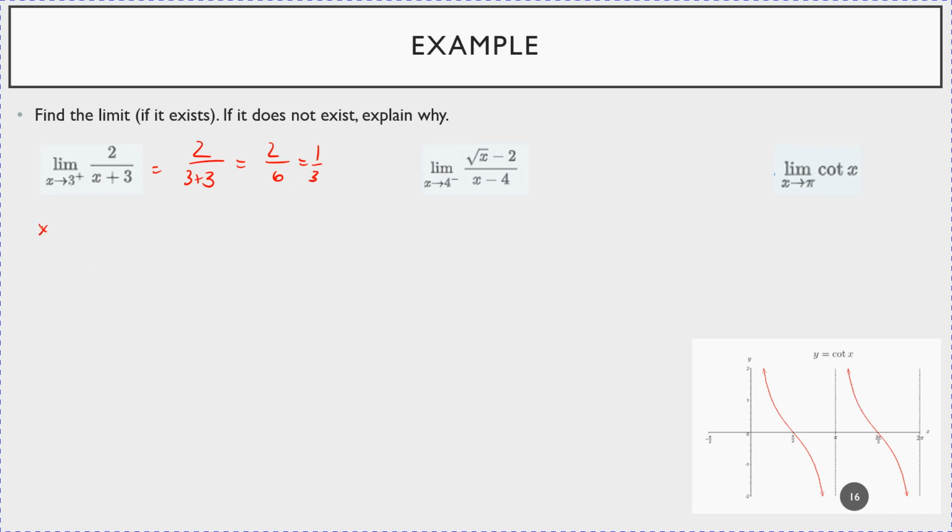If you can plug in and the value is in the domain, that's okay for a one-sided limit.